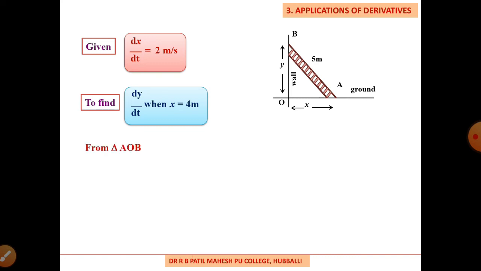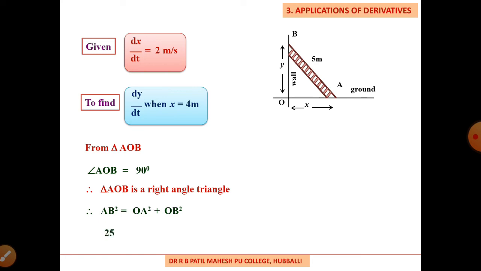So first, from triangle OAB, angle AOB is 90 degree. Therefore triangle AOB is a right angle triangle. Next, by using this right angle triangle, you can take AB square equal to OA square plus OB square.